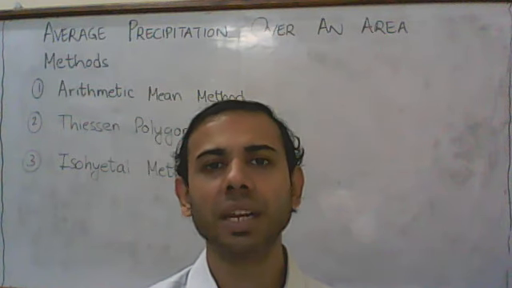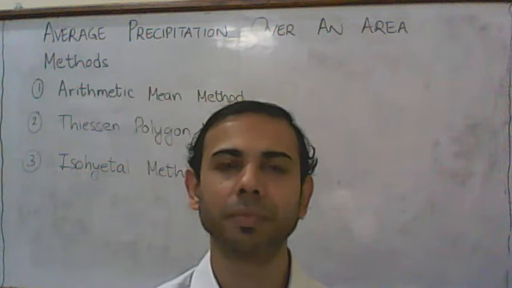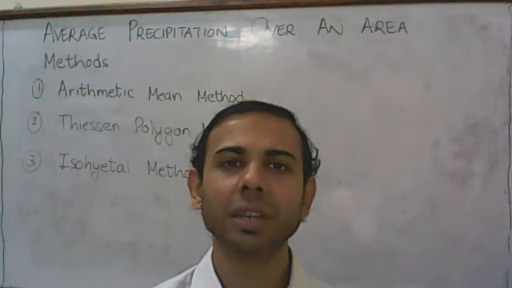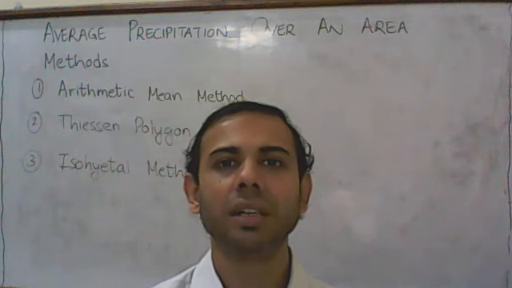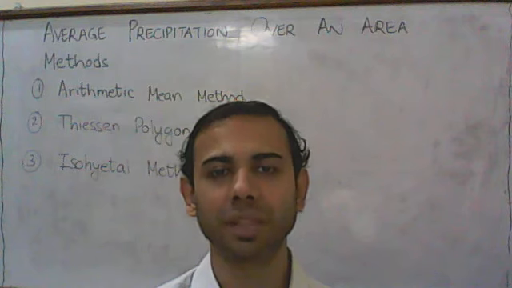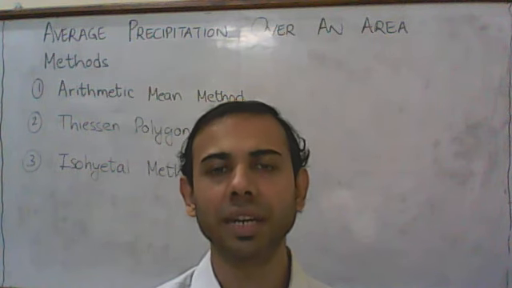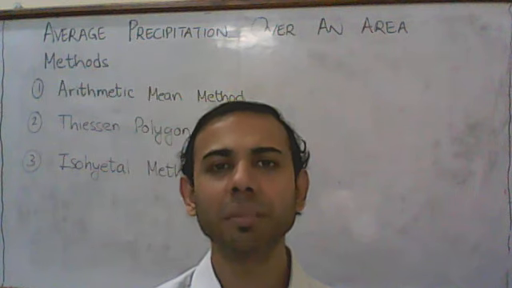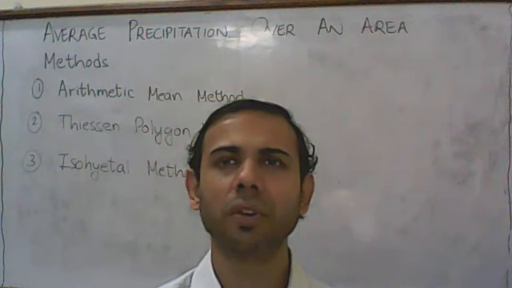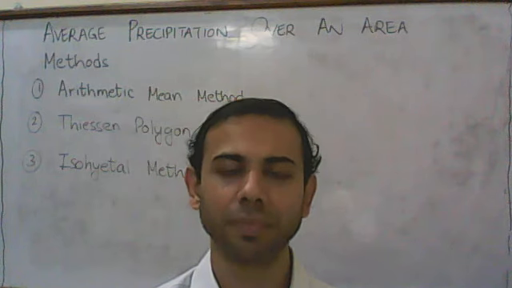Now, basically there are three methods to estimate the average precipitation. Those three methods are the arithmetic mean method, the Thiessen polygon method, and the isohydral method. We'll be discussing each method in detail. The arithmetic mean method is used for fairly flat or fairly level ground.